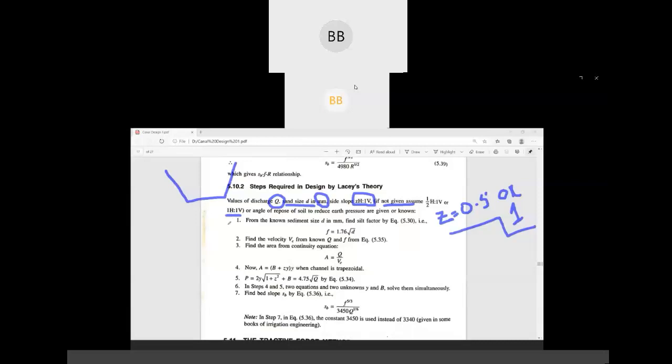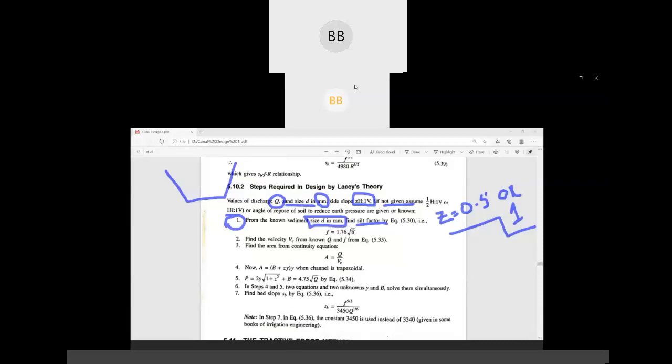So the first step, from the known sediment size, that is the bed materials, and always remember the size of the bed materials should be in mm. If it is not in mm, then you have to convert it, and then you find out the silt factor by this equation: f is equal to 1.76 root over d.